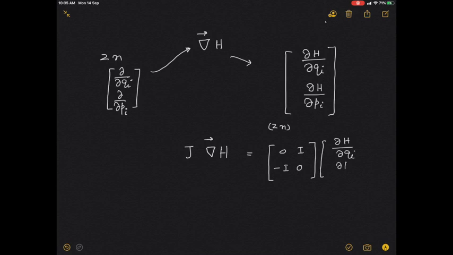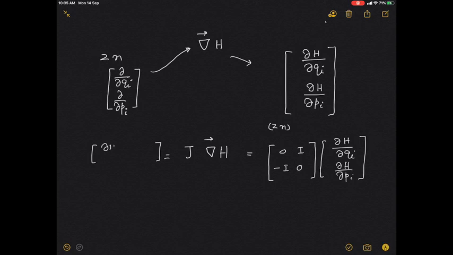and here I have del H del Qi. So these are shorthand notations, as you can see that this vector does not have two elements, but 2n elements clubbed into one notation. And if you calculate this, this will be a column matrix.